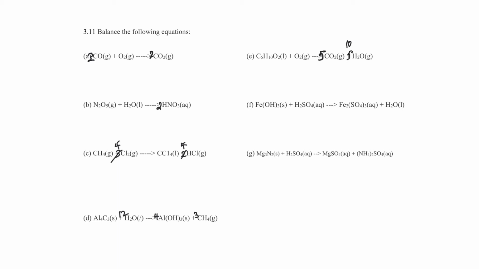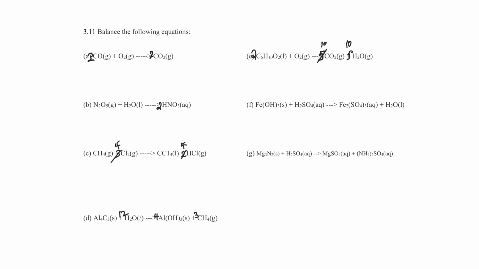So I double that 5 to 10, but I've messed up my hydrogens, and so now I have 10 times 2 is 20, so I have to come back over here and do 2. Well, that messes up my carbons. I have 2 times 5 is 10, so that means that has to be 10. Now how many oxygens do I have on the right? 2 times 10 is 20, plus 10 more is 30.